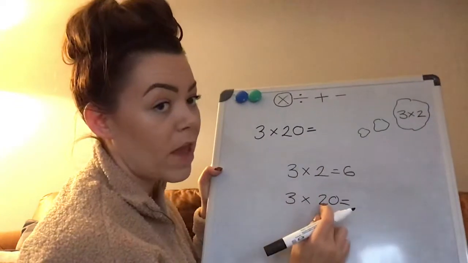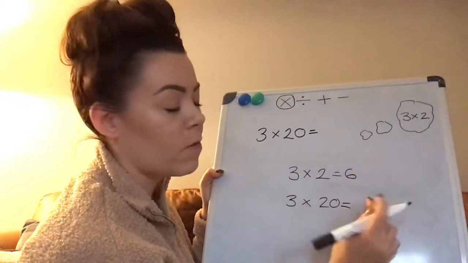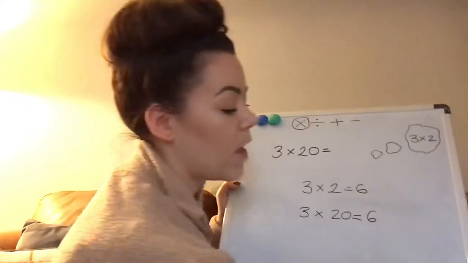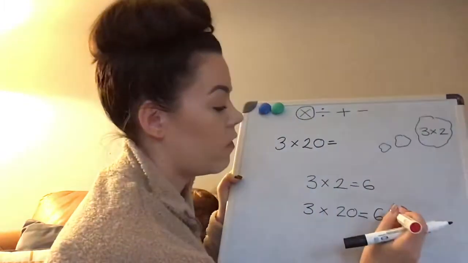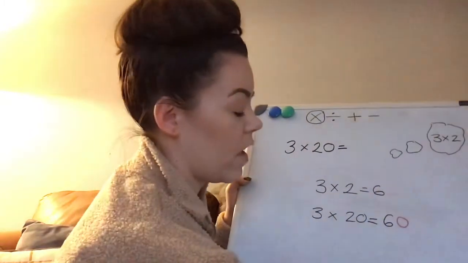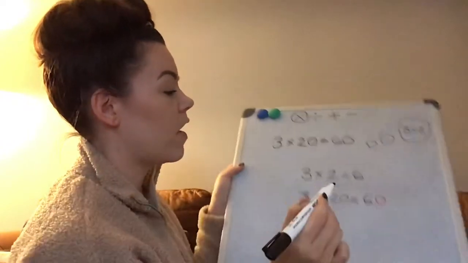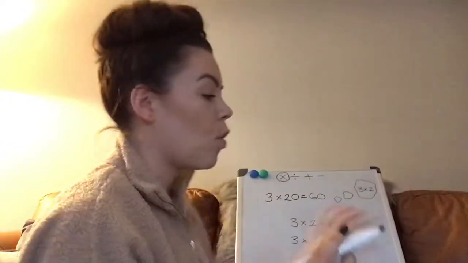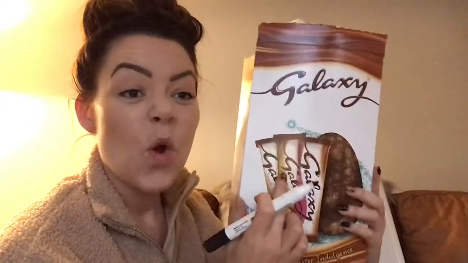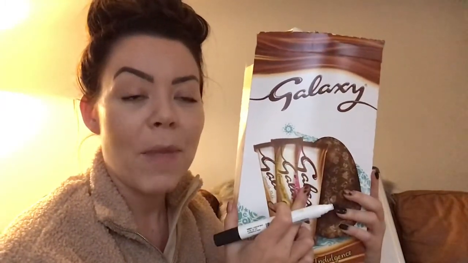The question's making it 10 times bigger, so I'm going to make the answer 10 times bigger. So the answer is going to be 60. So 3 lots of 20 would be 60. That would mean if I bought 20 of these Easter eggs to share with my friends and family, we'd have 60 chocolate bars to eat. That's a little bit too many, probably not very good with our healthy eating.